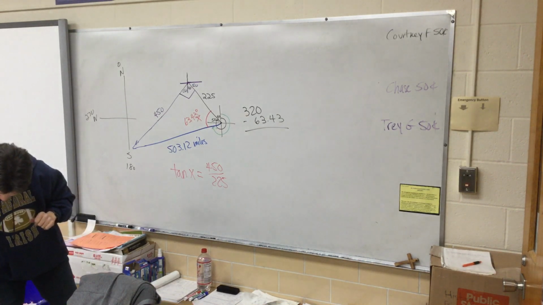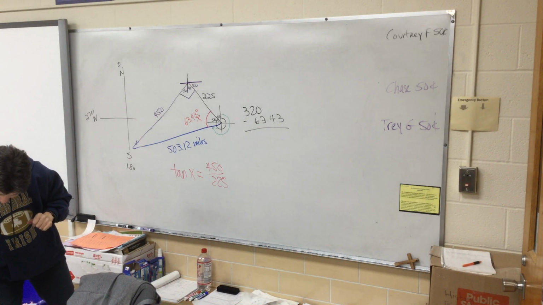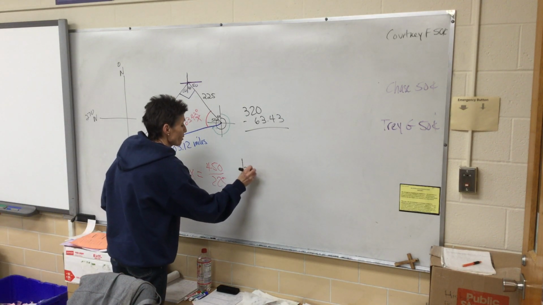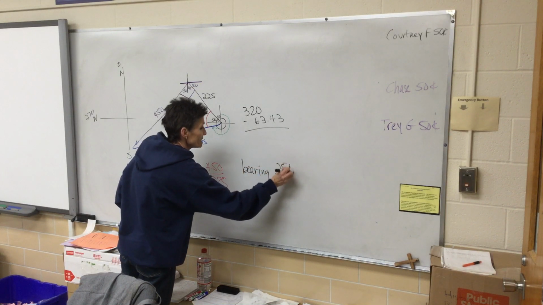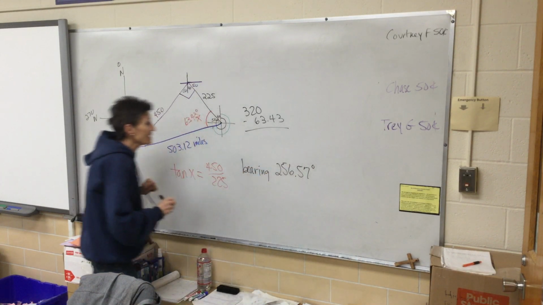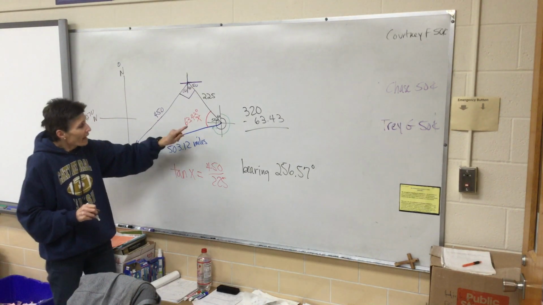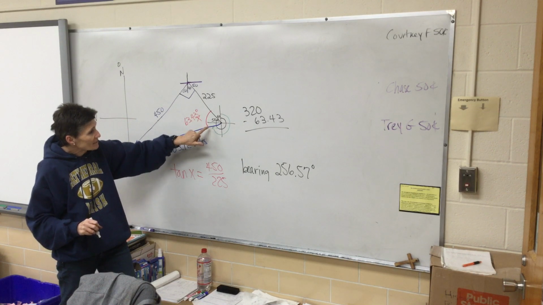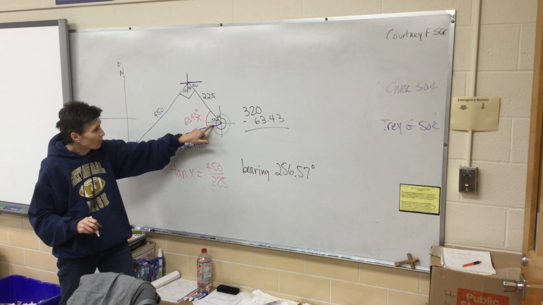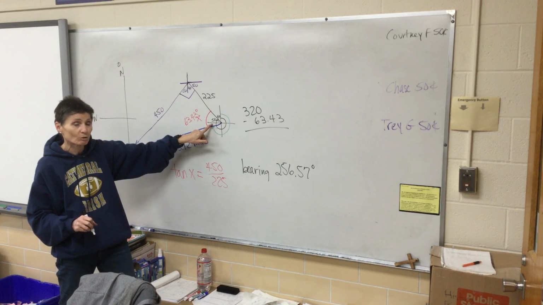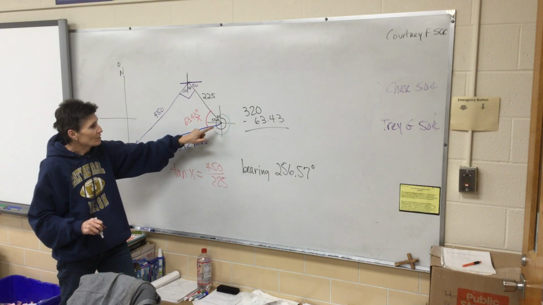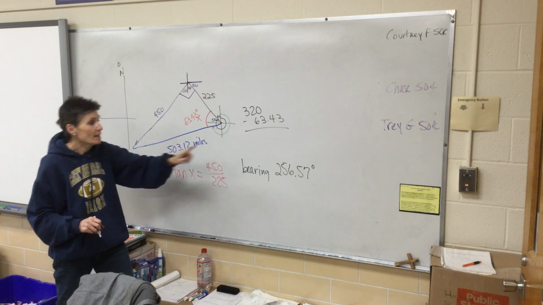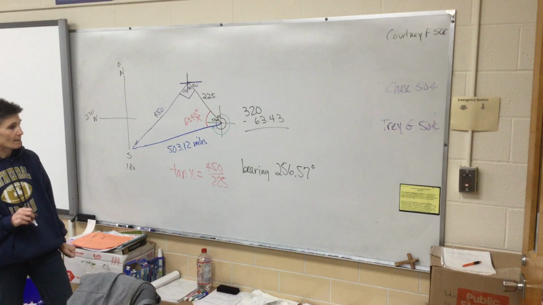So let's take 320 minus that angle, and 256.57 is our bearing. 256.57 degrees. We could also have, since we knew this whole thing is 63.43 but that part's 50, found this little part right here, which would be 13.43. And we could take 270 minus 13.43, and that would have given us the very same angle.